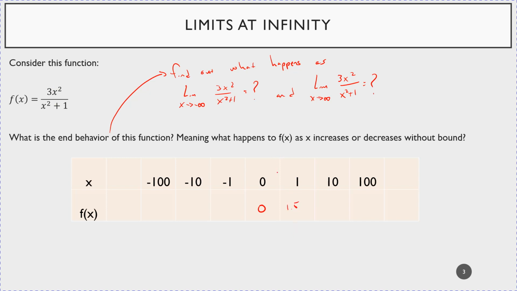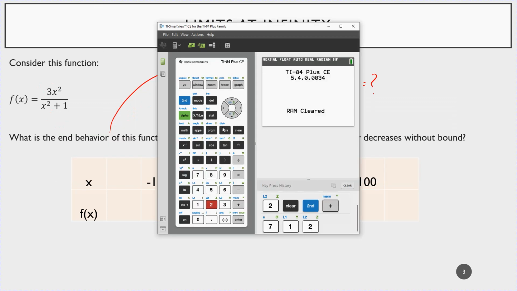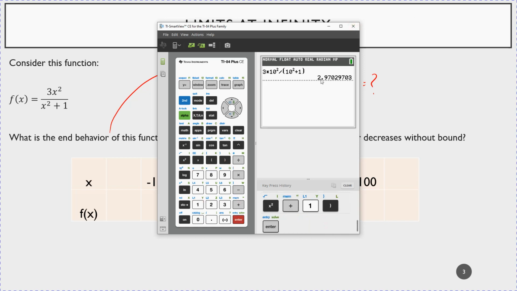If I plug 10 in, let me show you in the calculator what you get. You get 3 times 10 squared divided by, in parentheses, 10 squared plus 1. And look what you get: 2.9703. I'll go out 4 decimal places.